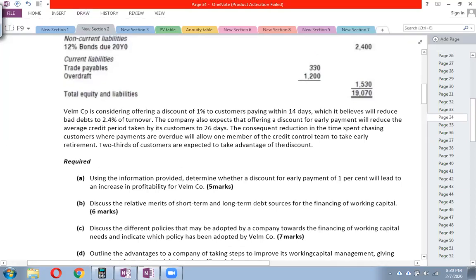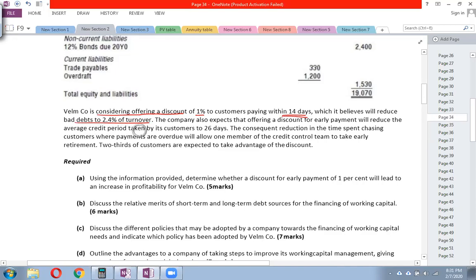Now, Velmco is considering offering a discount of 1% to customers paying within 14 days. If the customer pays within 14 days, we will offer them 1% discount, which it believes will reduce the bad debts also. Now, this is new, right? What will happen to the bad debts? Look, if you pay an early payment discount, some of the customers who may not have paid you, just because they have paid you early, that's why the bad debts are reduced as well.